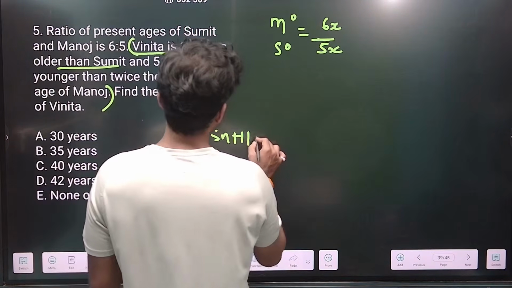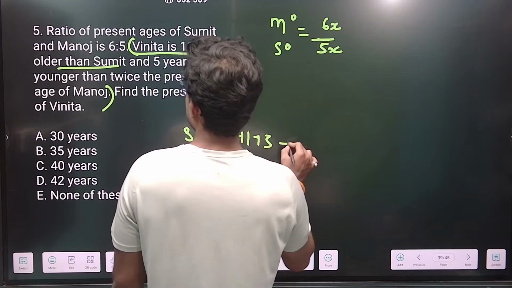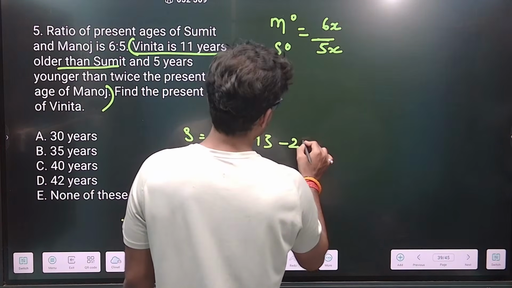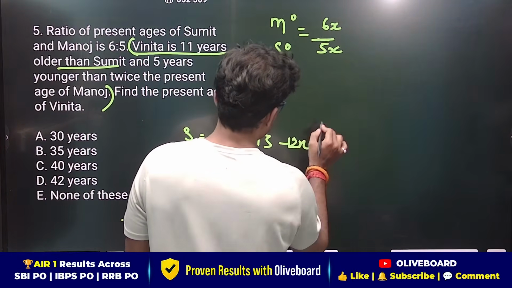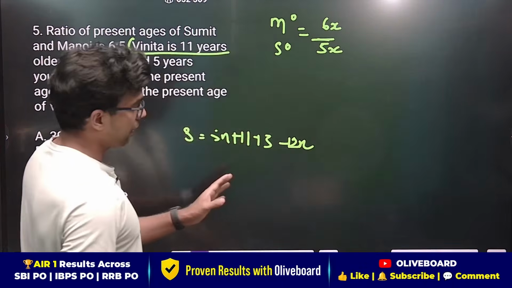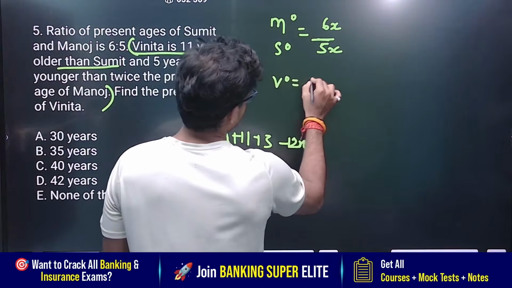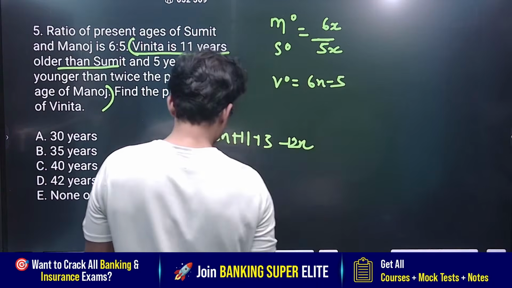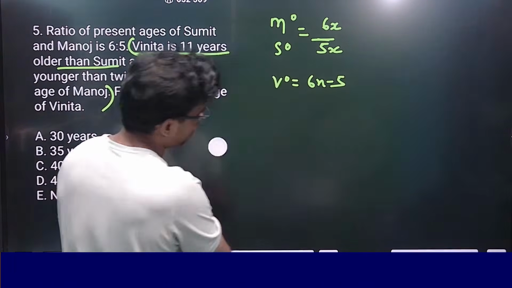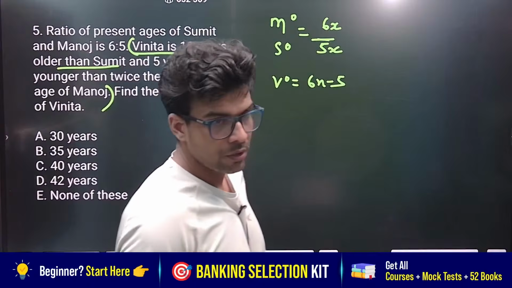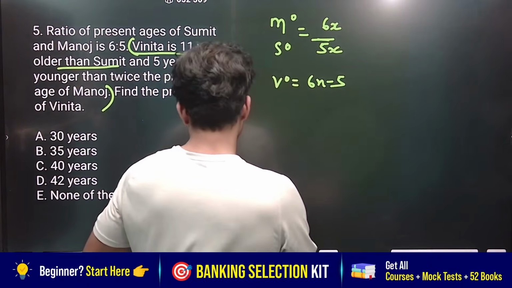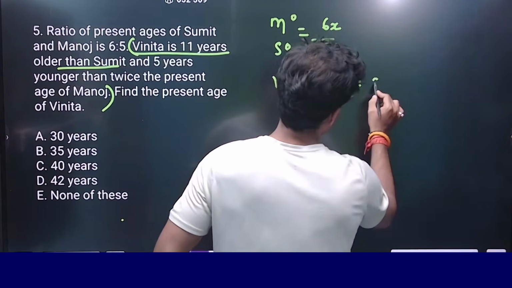And she is 5 years younger than twice Manoj's present age, which is 12x. So basically Vinita would be 12x minus 5.